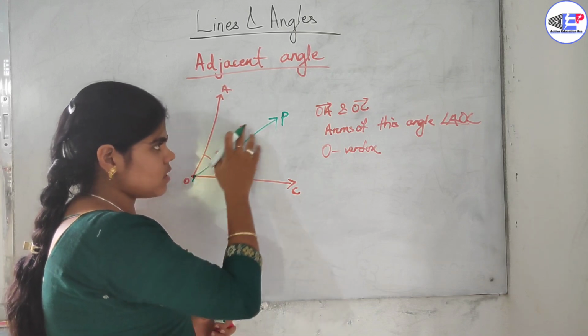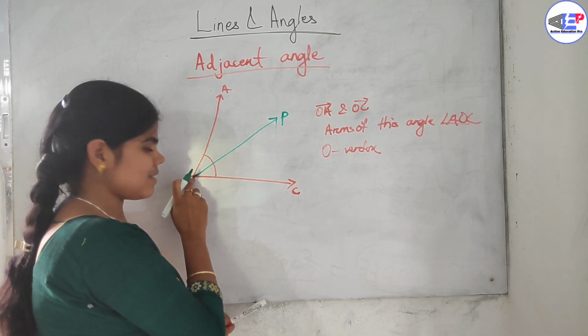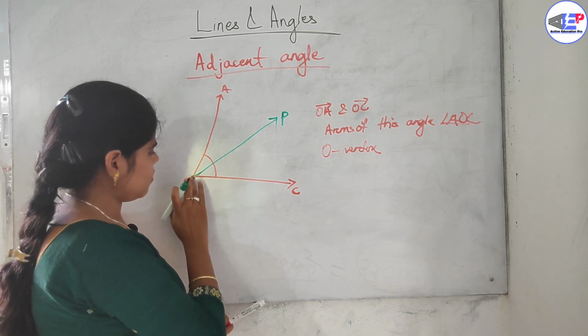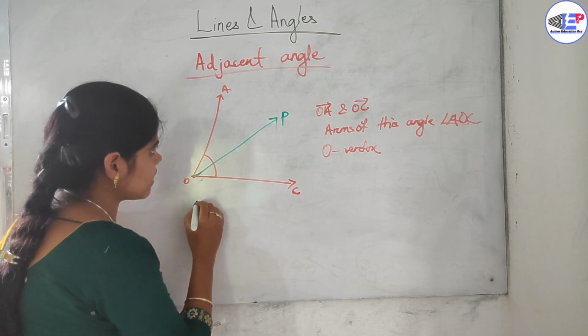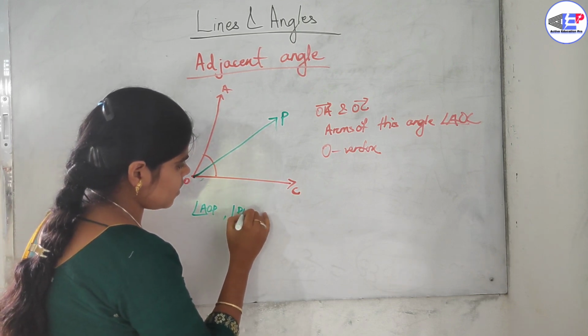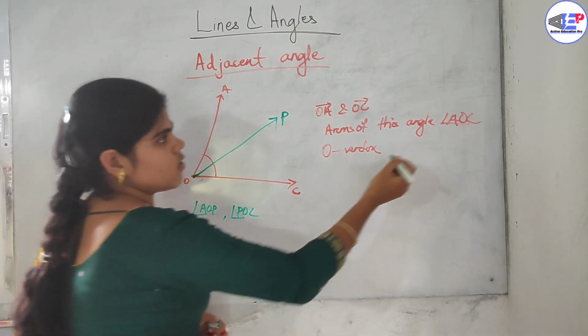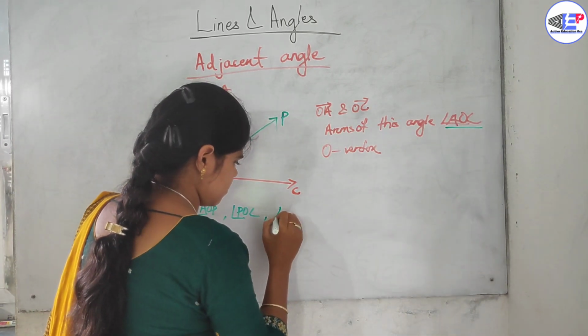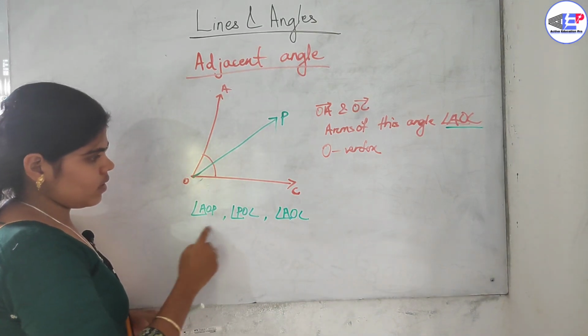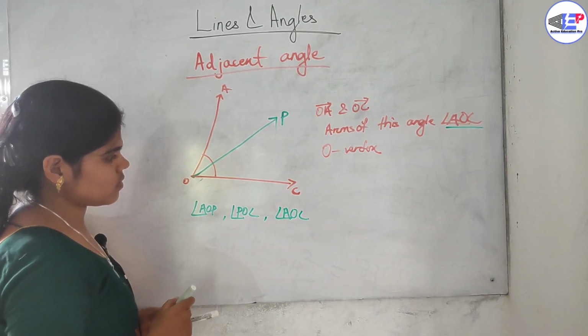These three rays, these three arms, are meeting at the point O. Right now there are three angles. One angle is AOP, another angle is POC, and the angle we already have is AOC. Look here: AOP, POC and AOC.